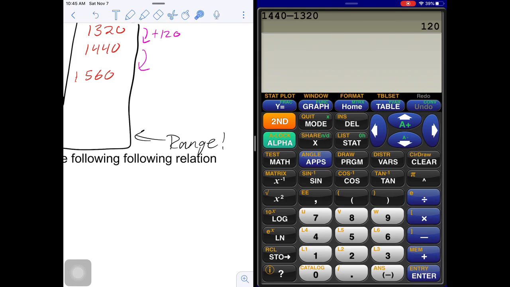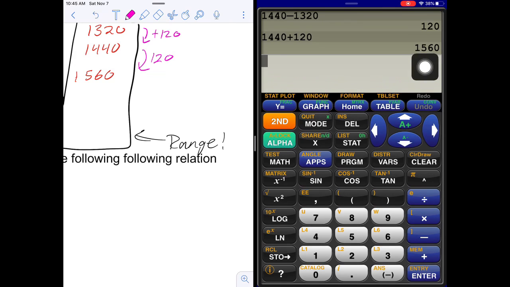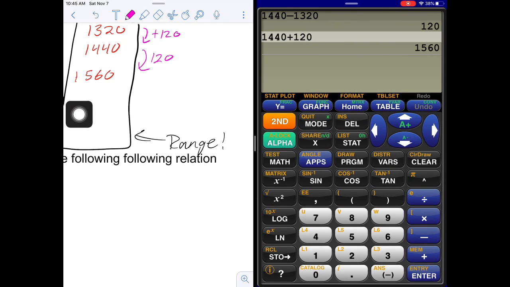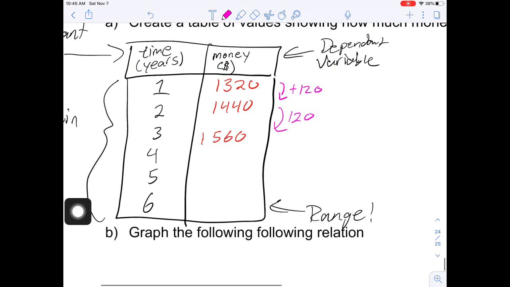Let's see if that works to get from 1,440 to 1,560. So 1,440 plus 120, and it does work. So 1,560 does equal 1,440 plus 120. So it looks like this is going to increase by a linear relation. There's a pattern going on here.